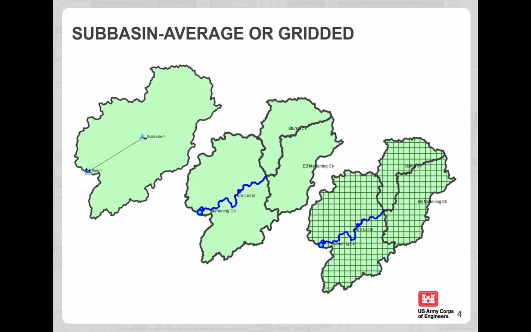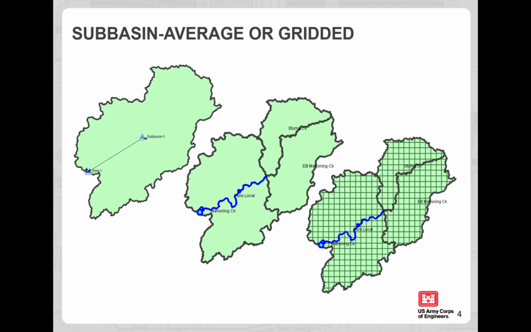HEC-HMS can model both subbasin average and gridded subbasins, and can model both at the same time. The images on this slide represent some common modeling configurations in HEC-HMS. In the case on the left, the entire modeling domain is represented with a single set of parameters for each hydrologic process. In the case in the middle, the basin is divided into 3 subbasins.